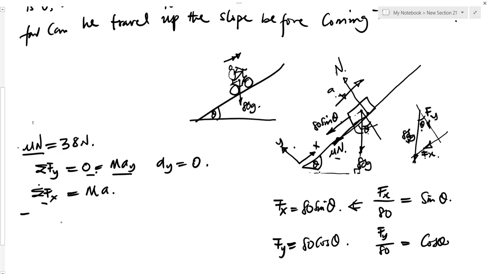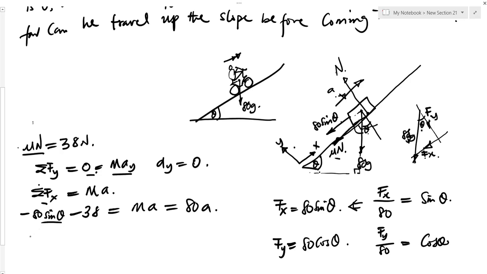The forces are acting opposite to the direction of motion. So you have minus 80 g sine theta, which is acting downwards along the plane, and the resistance, which is minus 38, equal to ma, where m is 80 kilogram times the acceleration.